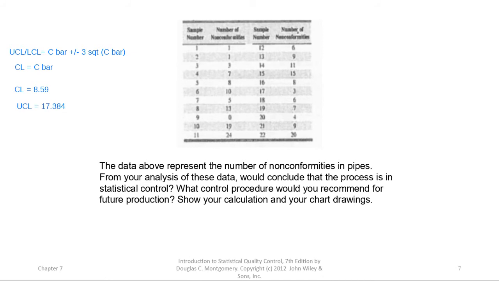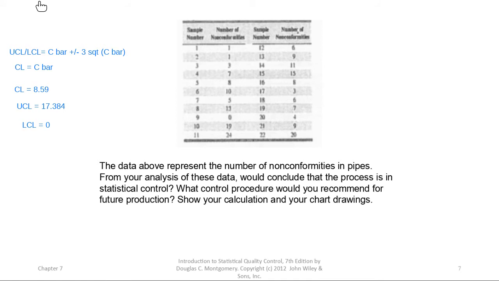The lower control will be 0. So confirm your answer later with these values when you calculate manually.